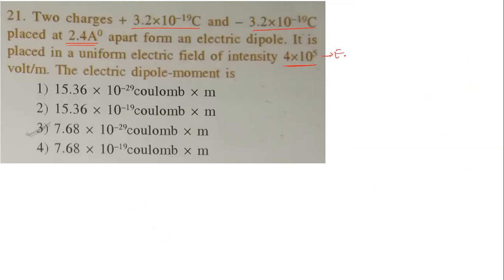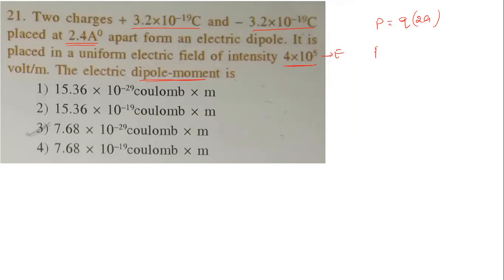Now we need to find the dipole moment. What relation do we need? The relation between charge and distance, which we already know: P equal to Q times 2a. It is placed in a uniform electric field, and this electric field is given.